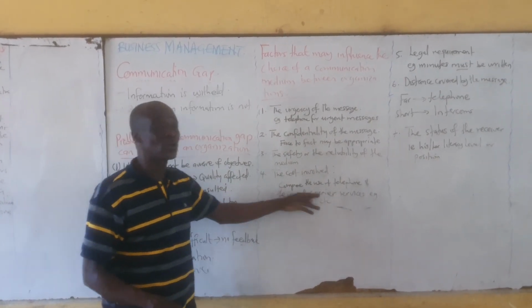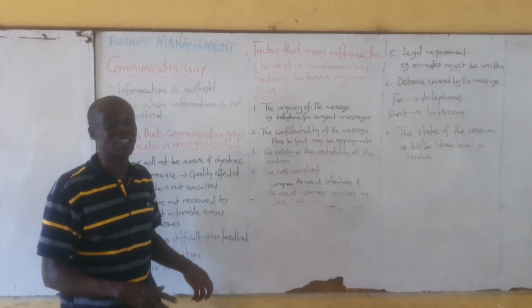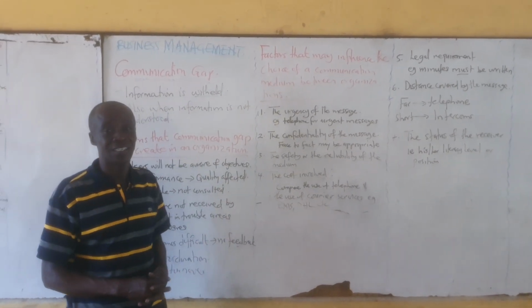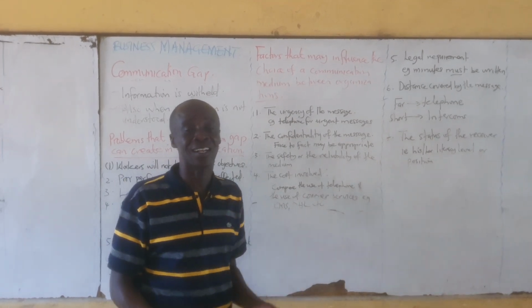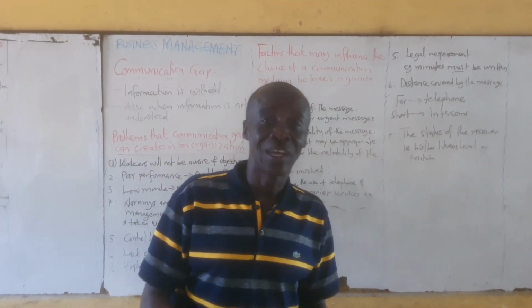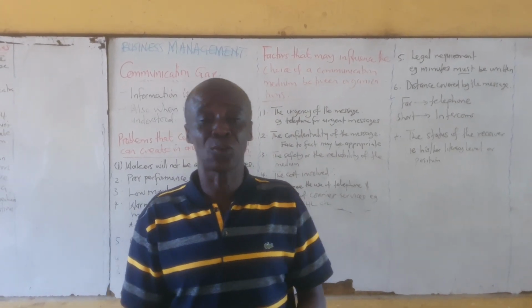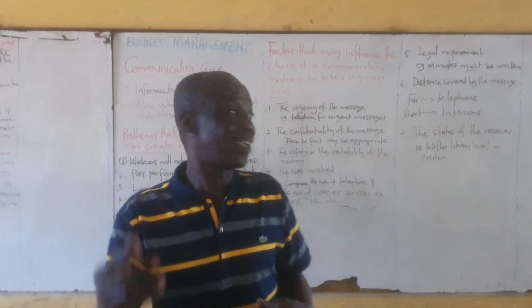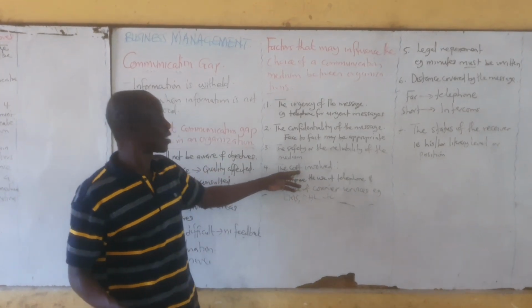So here you will compare telephone with the courier services such as EMS, DHL, and others. And you compare the cost involved, and then you decide which one you are supposed to use. That is for the cost involved.